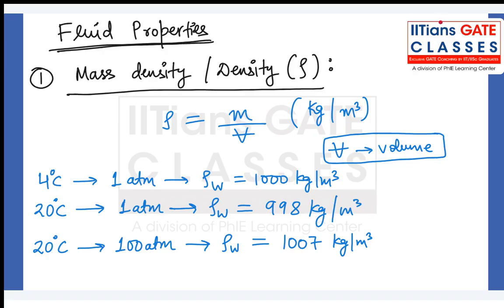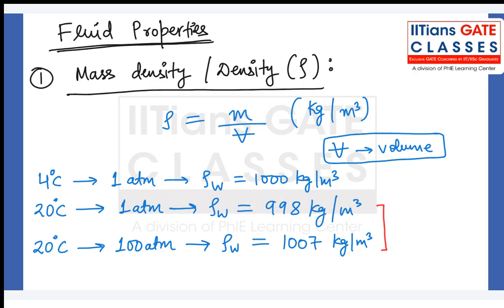Right? So can you calculate how much the density has increased when my pressure has increased 100 times? In terms of percentage, how much increase are we seeing here? Can you calculate this quickly? From 998 to 1007, the difference is 9 kg per meter cube. So 9 divided by 998 into 100.